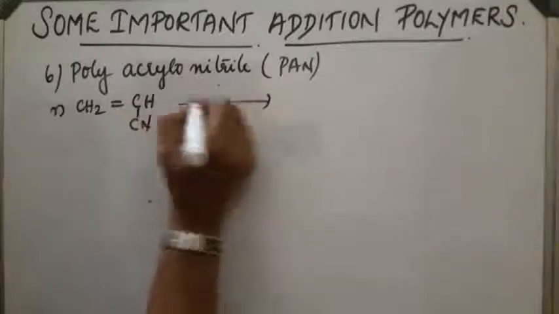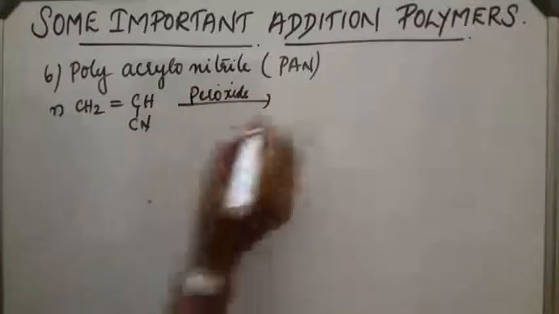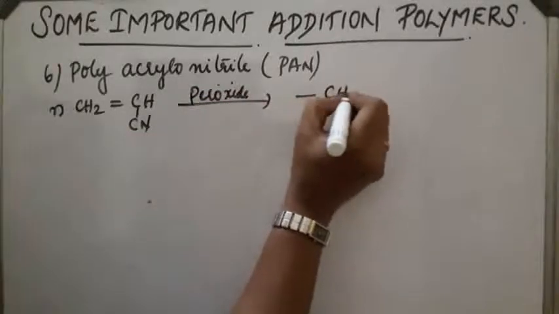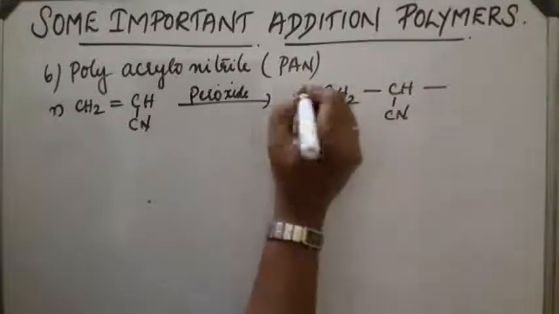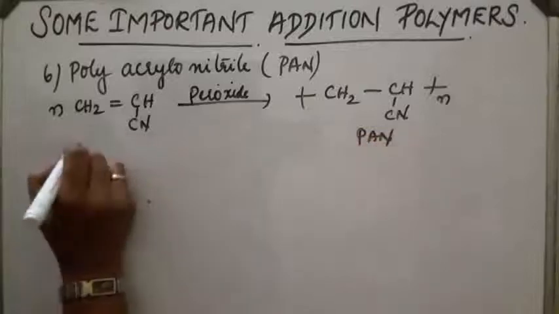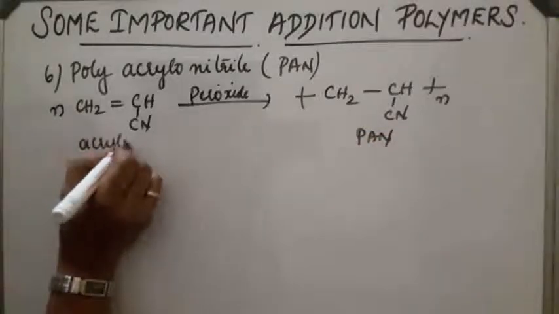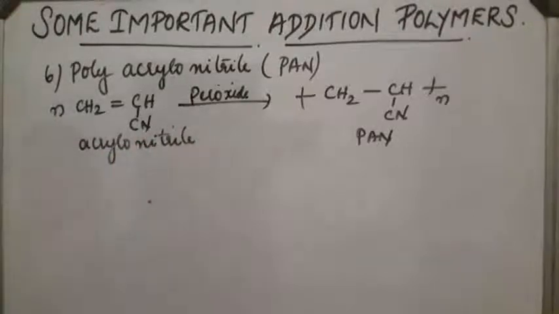In the presence of peroxide catalyst, polymerization takes place and the product will be like this, CH2 CH CN, n times. This is called PAN. This is acrylonitrile, which polymerizes and forms PAN, polyacrylonitrile.